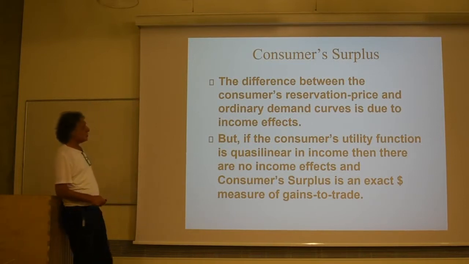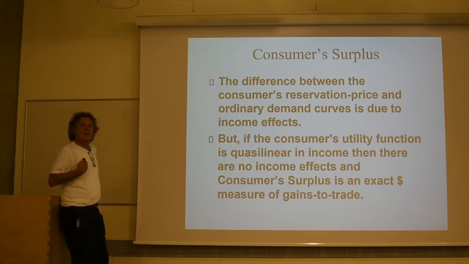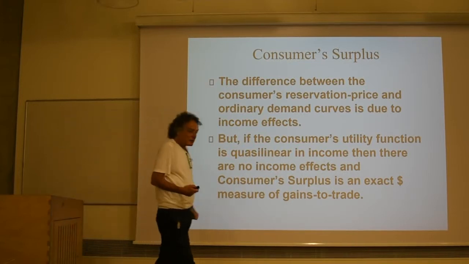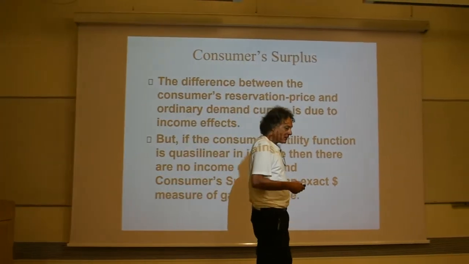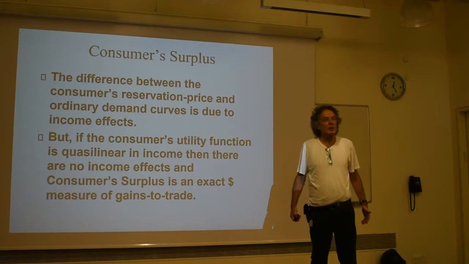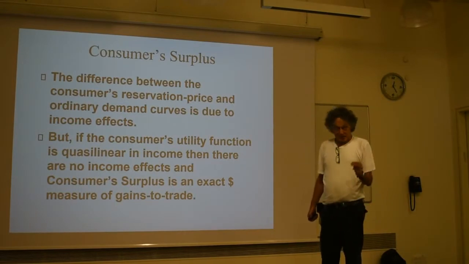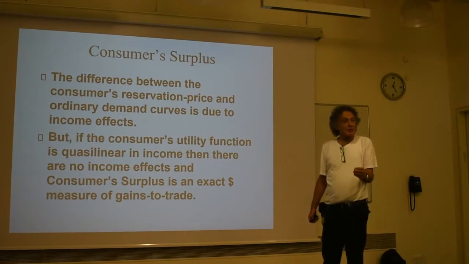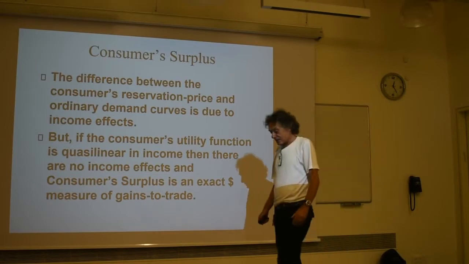But if the consumer's utility function is quasi-linear in income, then there are no income effects, because the amount that I'll buy from each one of the commodities, besides the commodity which is money, matters.